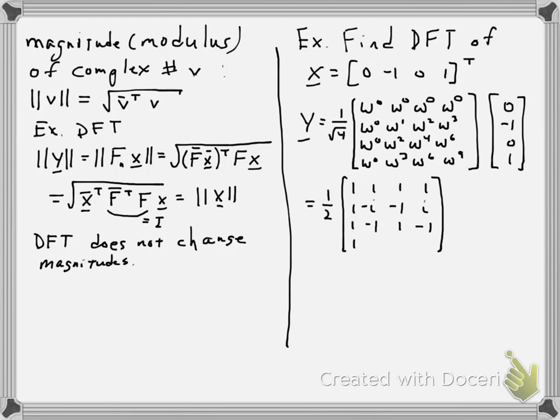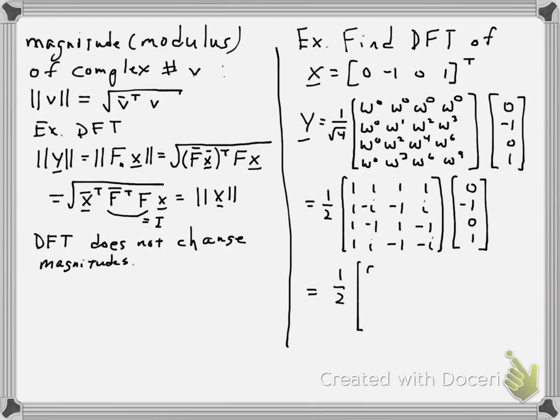And you can notice the symmetry as well. We can take advantage of the symmetry. So this entry is i, this entry is -1, this entry is minus i. So now we're multiplying by the vector 0, -1, 0, and 1. And if we do this multiplication, this equals 1/2 times the vector.